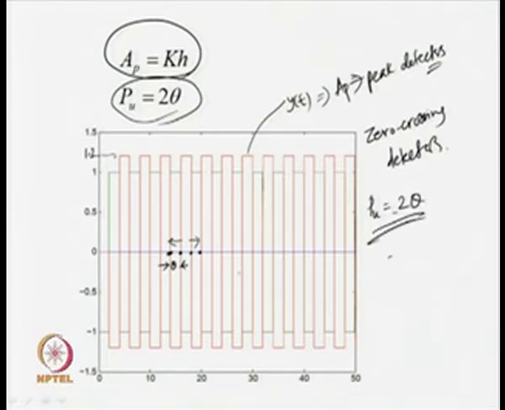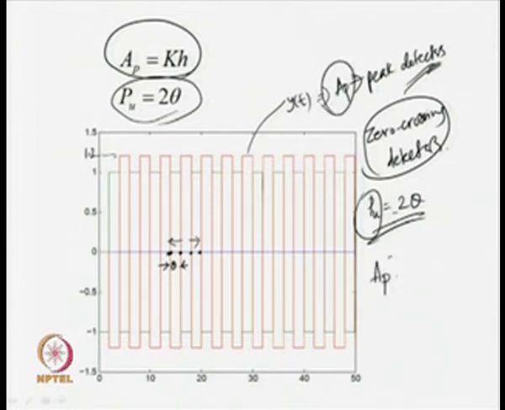So, by measuring using the zero crossing detectors, I can estimate P u, the ultimate period of the output signal, and using the peak detector I can measure the peak amplitude of that signal. So, what do we get from the measurements? Measurements give you A p and P u. Since we get these from the measurements of the output waveform, they are very readily available.